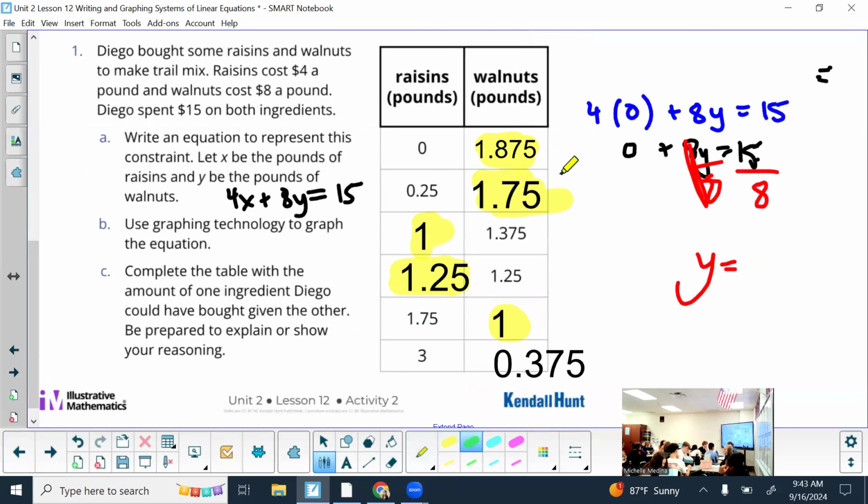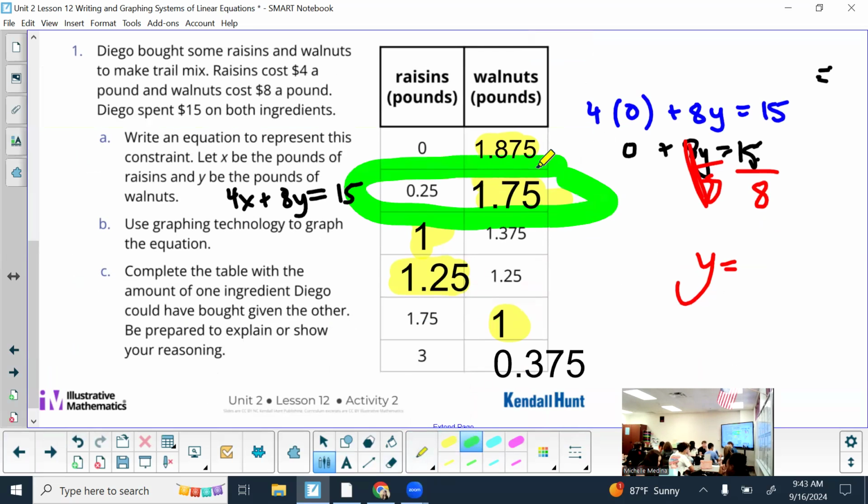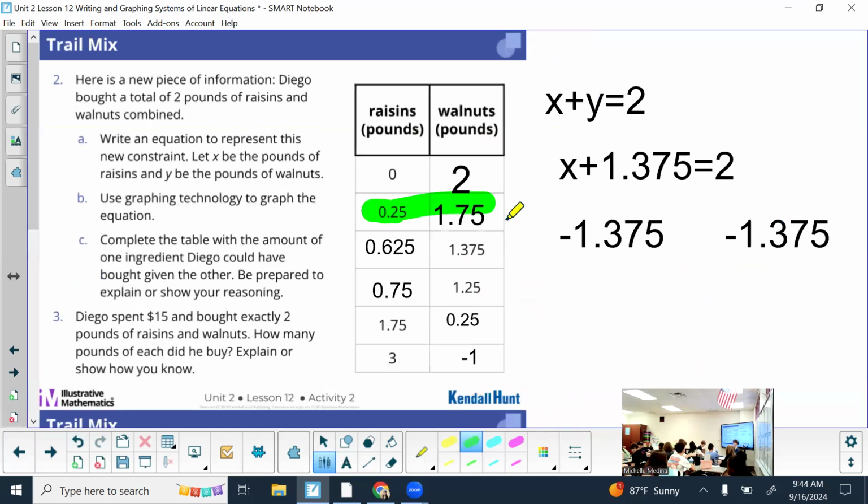The second one, right? So this one here would meet both constraints. When it meets both constraints, that's what we would call a solution to a system, which we will work more on the rest of the week. But that's the cool thing about this, that only one set works for both constraints.